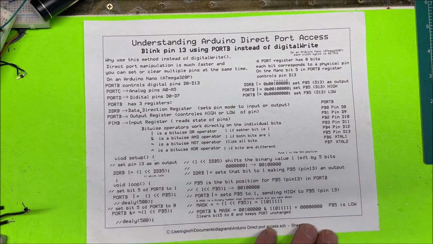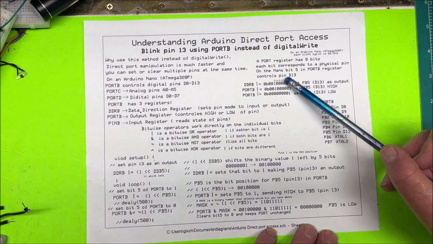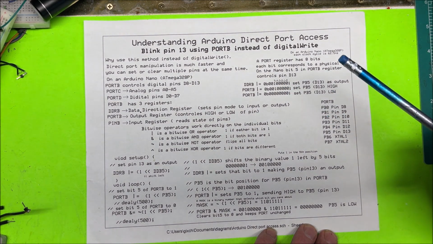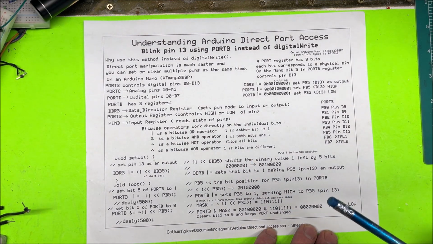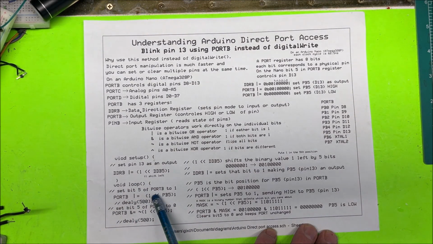So that's all there is to it. We're just taking our data direction register, making it an output. We're taking our port register, either making it high or low, okay? Now if you want to do this, I'm going to do it on the scope so I can see how fast this thing goes. But if you don't have a scope, you can just put a delay in here to see if it actually works.